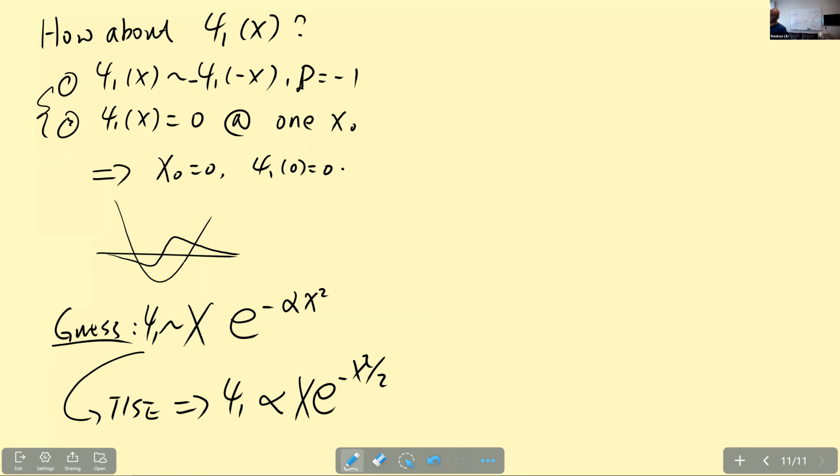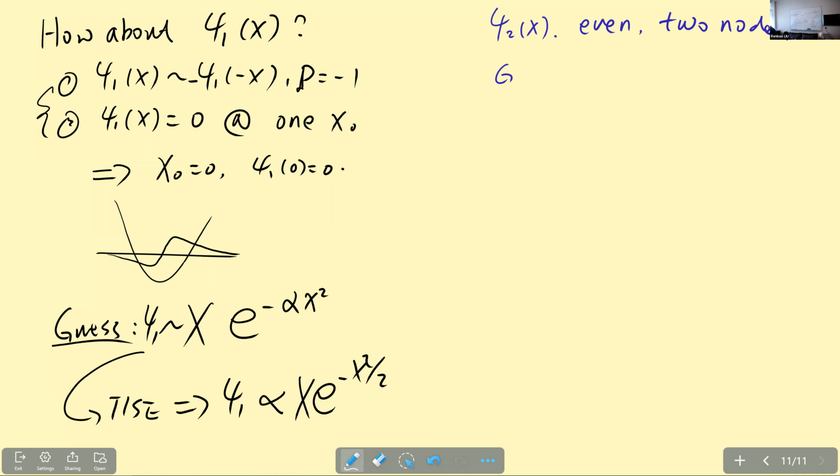Okay, you can continue this process. Actually, what's the second function? What's the next one? So next one, we should have ψ2(x) should be even, with 2 nodes. If you have an even function with 2 nodes, most likely a polynomial of second order, you should have 2 solutions, right?